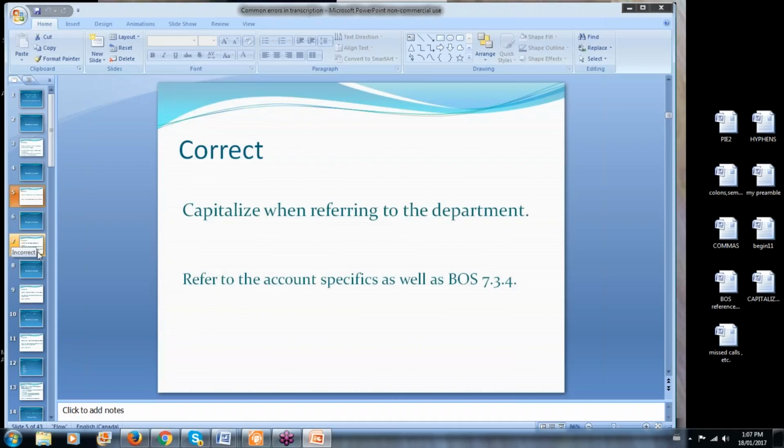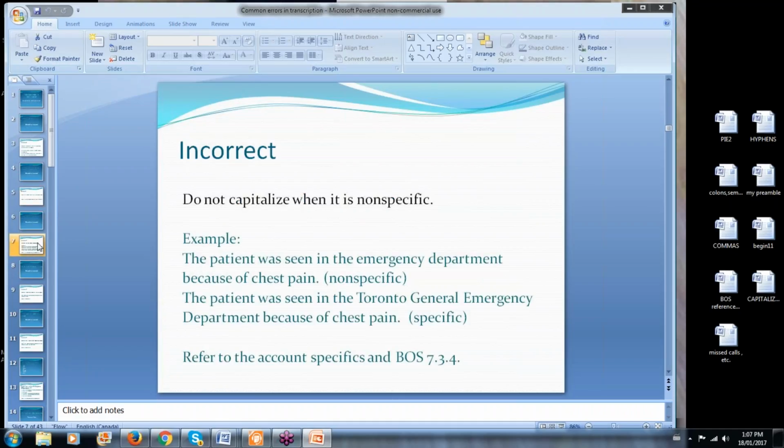Okay, but if they say the word, that's your key thing. If they actually say the word department or clinic or something like that without giving the actual name of that department or clinic, then it isn't capitalized because it's non-specific. And you can check that out in your account specifics or BOSS 7.3.4.